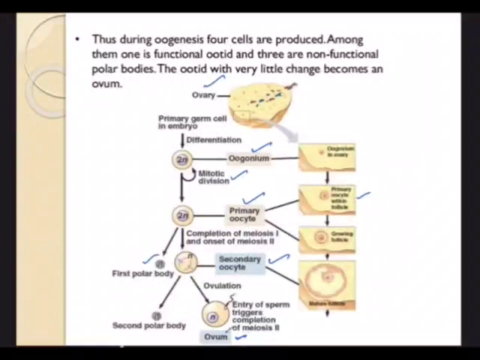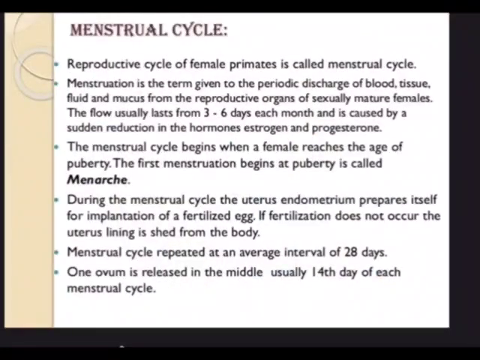So thus, a functional ovum will be formed at each level. And during this process of the menstrual cycle, we understand how ovulation takes place, that is, the release of the functional ovum from the ovary. We'll discuss this in detail in our next session.